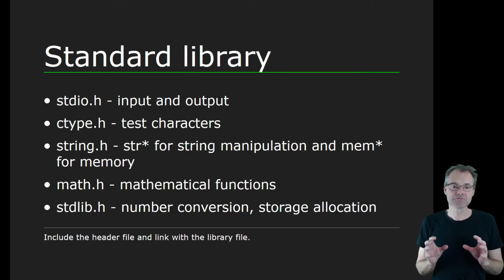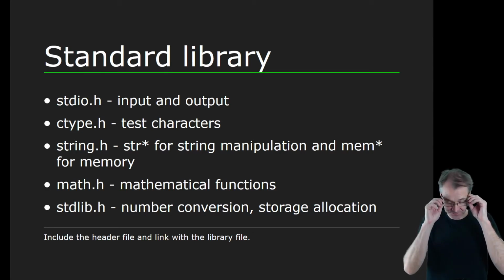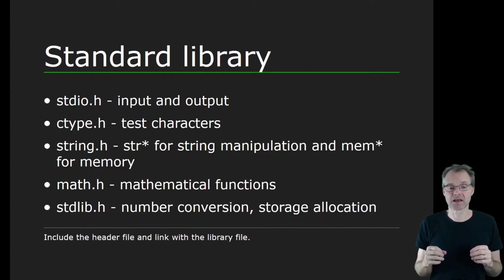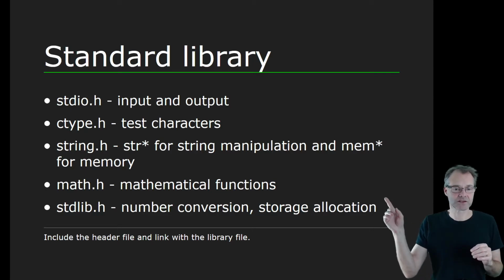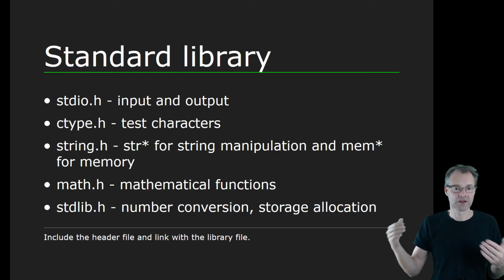We have a rather small standard library in C, so maybe that is one reason why it's popular. It's a small basic standard library, and it is structured in header files. Here we have an example of about ten header files. We have stdio for input and output.